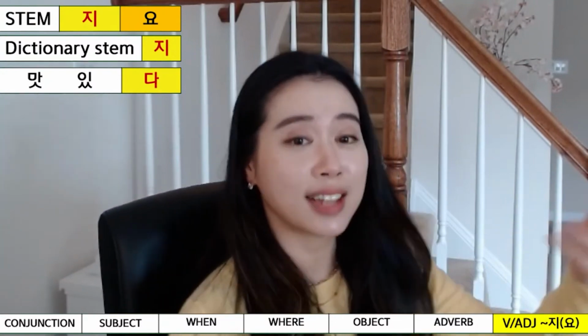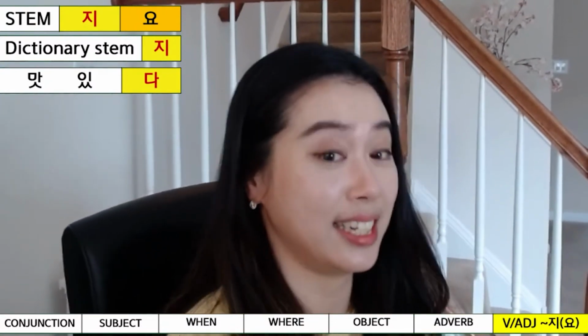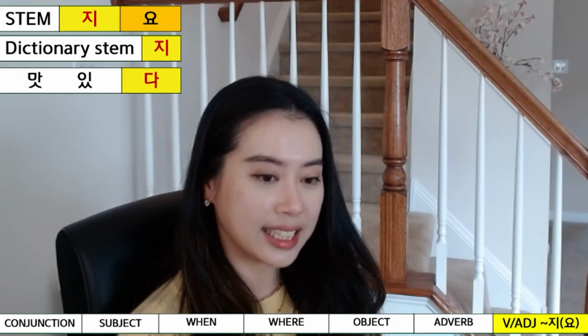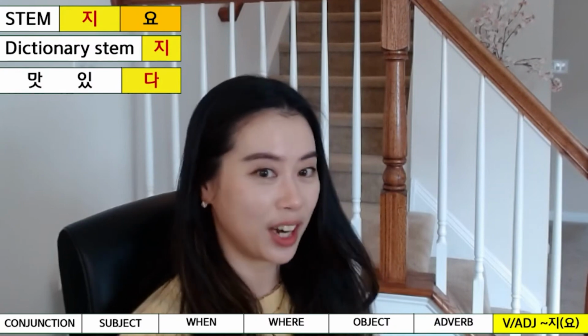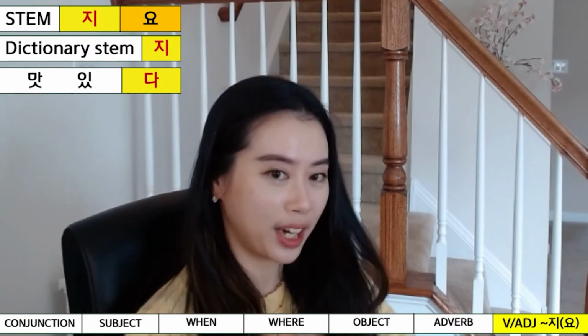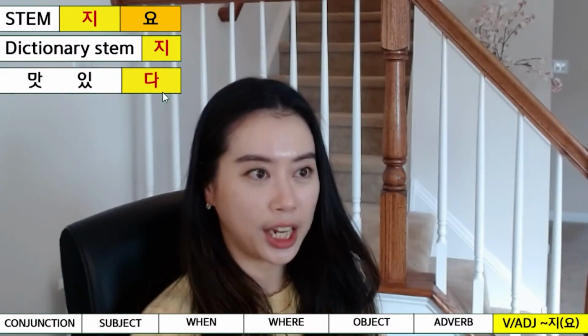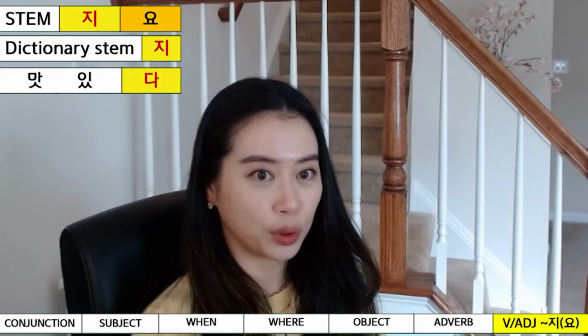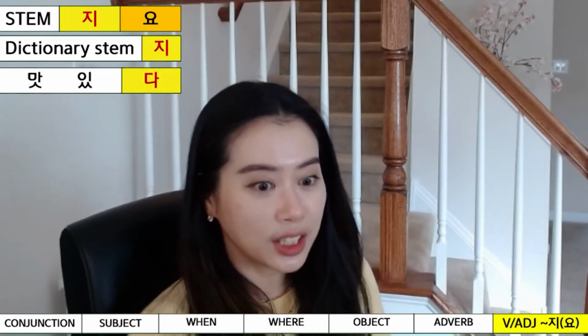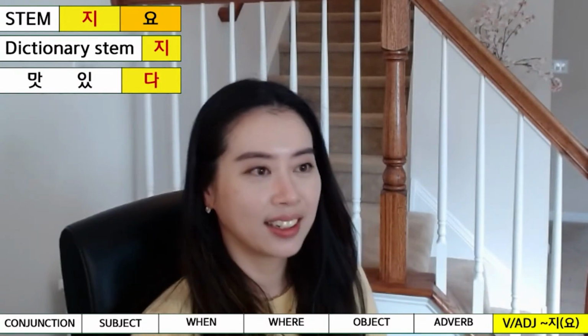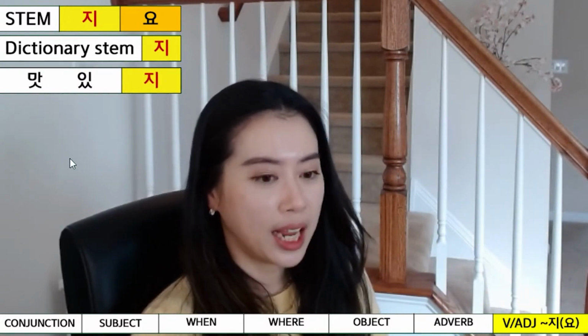And we can just see examples. How can I use this easy thing now? 살지, no irregulars, period. So 맛있다, this is the ending. We just changed the ending, 다 to 지, and we are done for the day. That's how you say, oh, delicious, right? 맛있지.